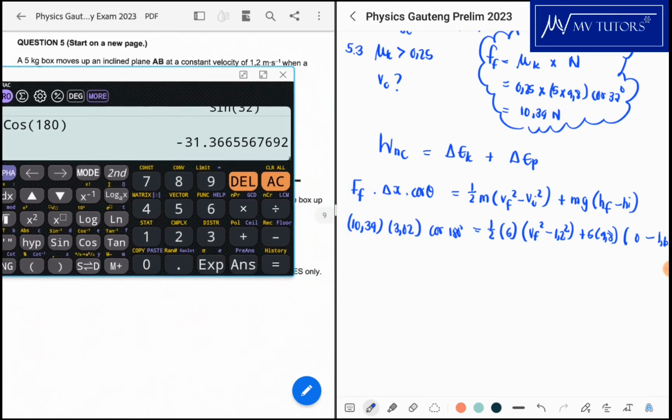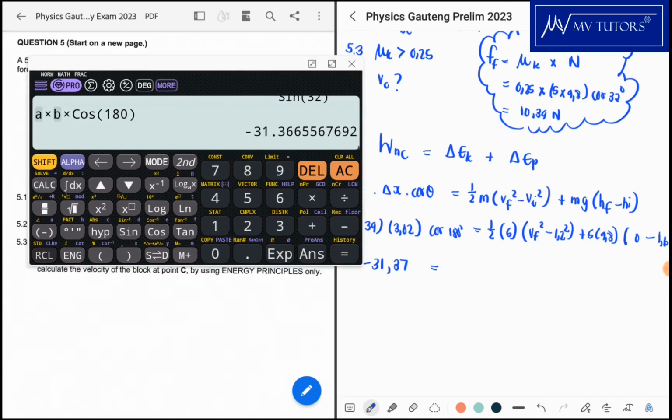And we have a negative 31.37. Okay, let's see how far this will take us. And then on the other side, let me just store that, shift store C. And then we have 0.5 times 5.